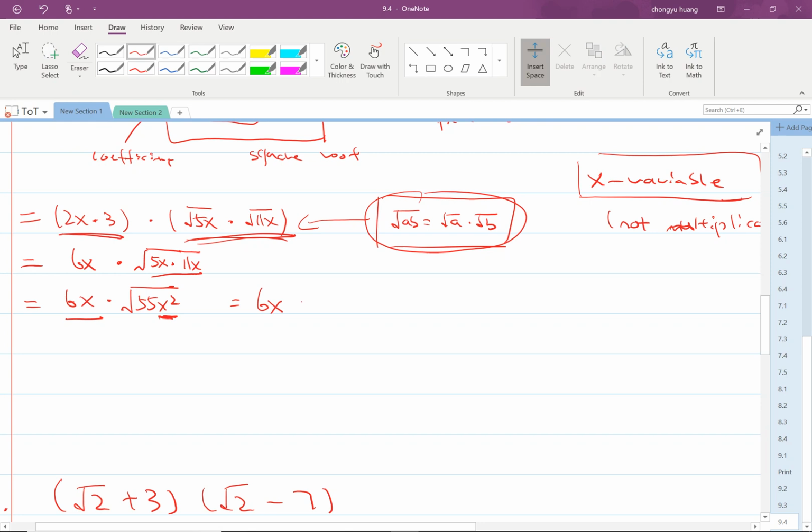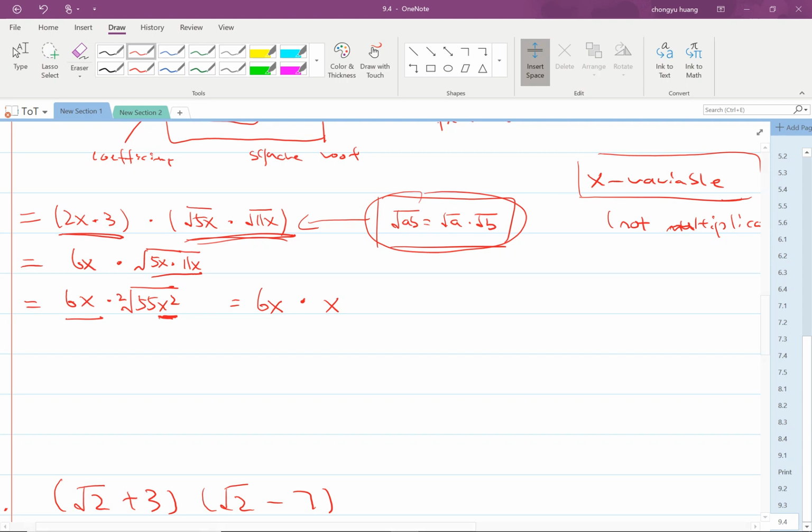You can see we have an x squared inside a square root, so we can simplify the square root of x squared into x.